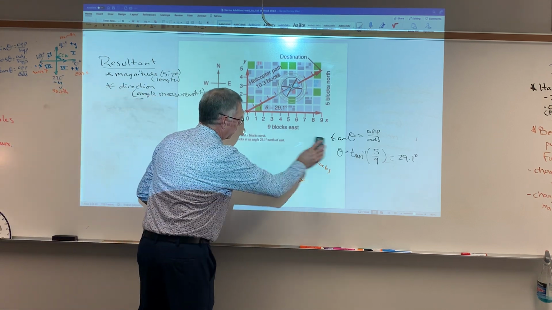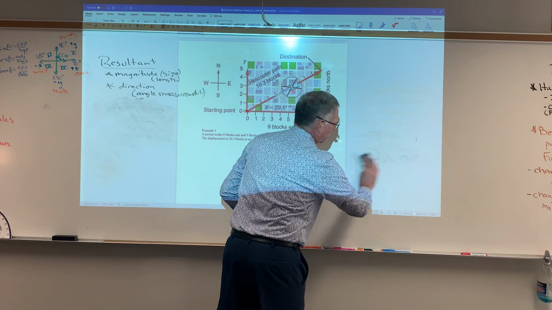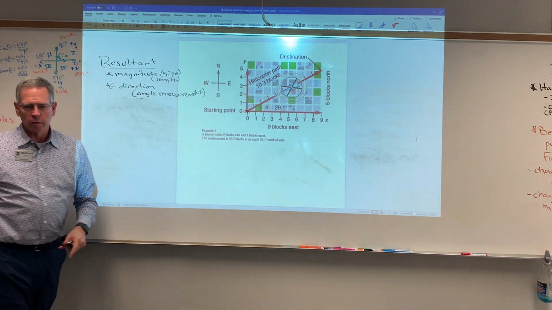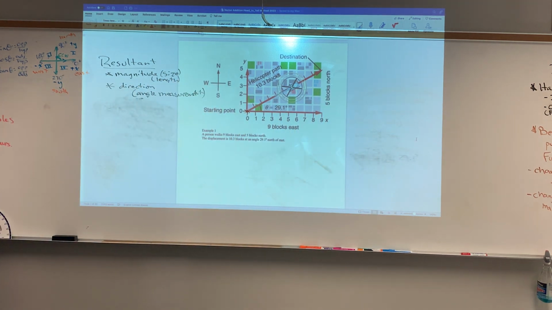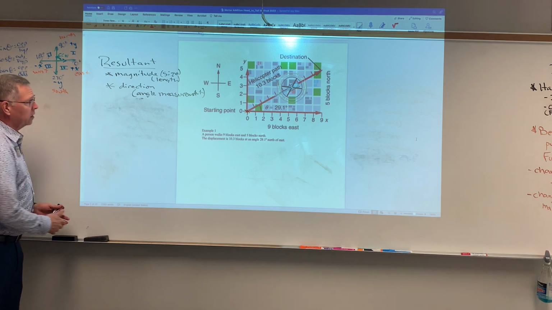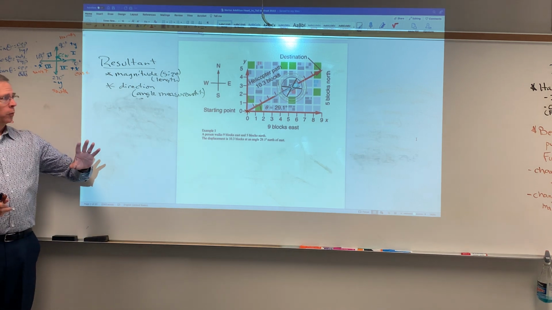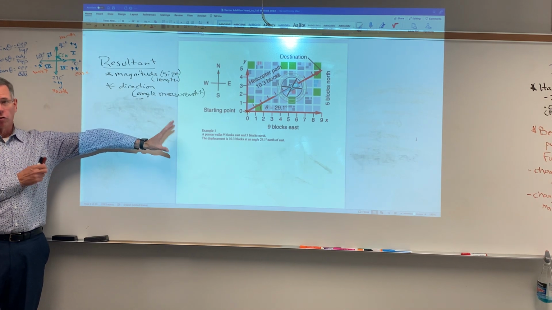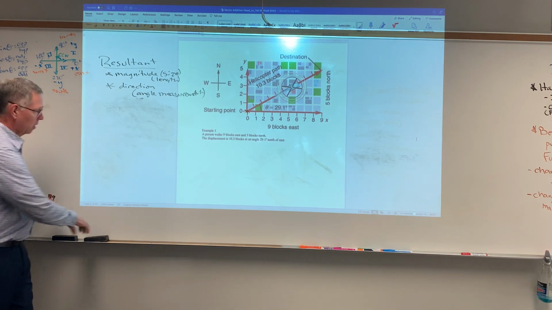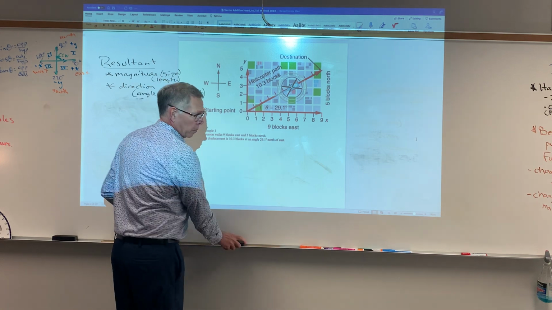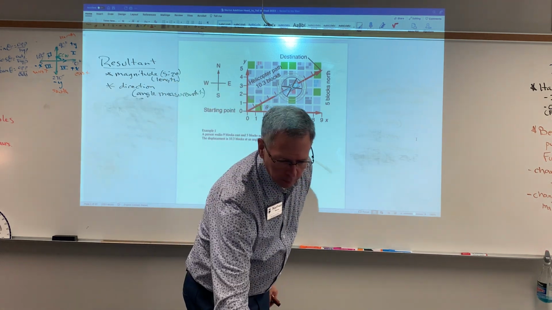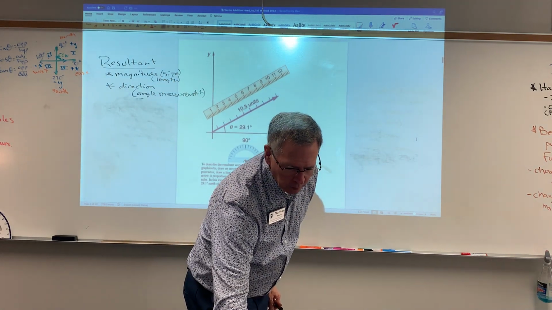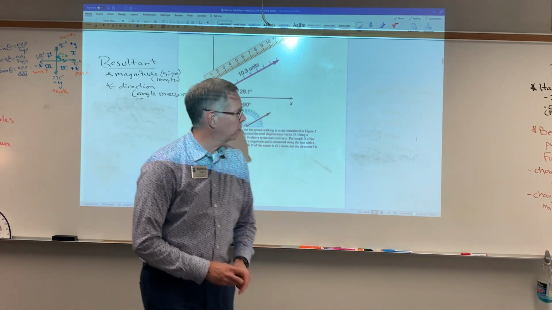Now, I put rulers and protractors on the table because we're going to start by doing vector addition graphically. You'll need a pencil and paper, so that's your notebook.